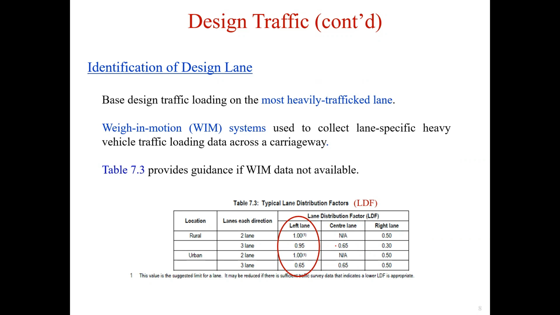The proportion assigned to a specific lane is termed the lane distribution factor, the LDF, for the lane. So according to the pavement location, either rural or urban, the number of lanes in each direction, either 2 or 3 lanes, and position of the lane, the lane distribution factor will be selected from this table.